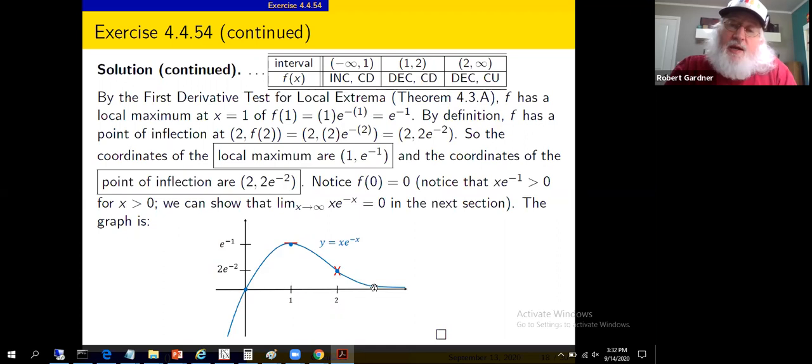If I use my horizontal asymptote information, I'd level it off. If I didn't have that information, I might think maybe it does something like this. You know, it continues to go downhill and it continues to arch upward. It can't go down here though, because that function is only 0 when x equals 0.